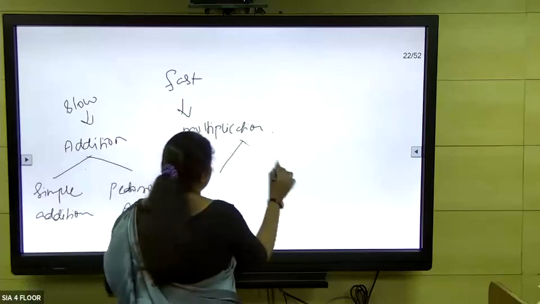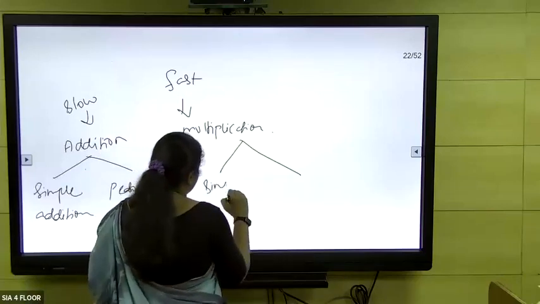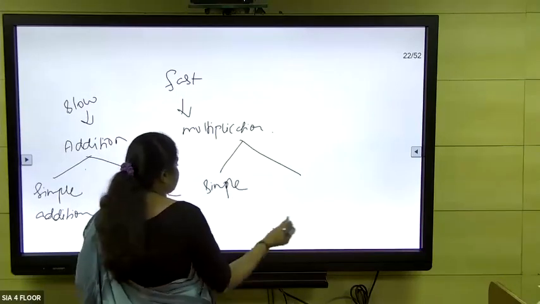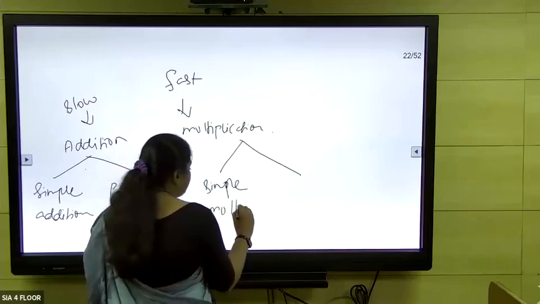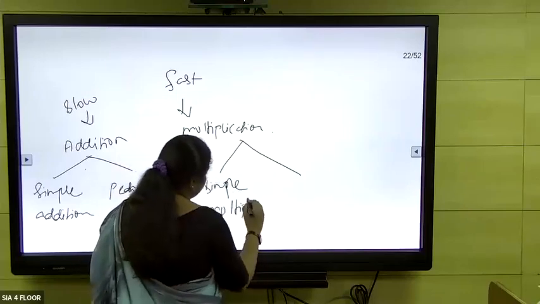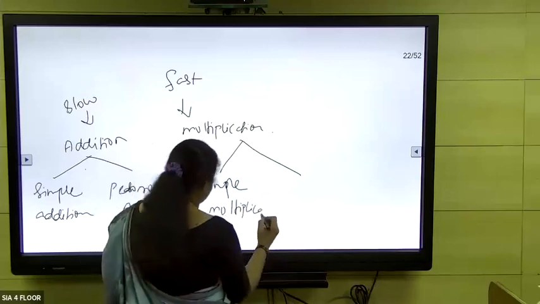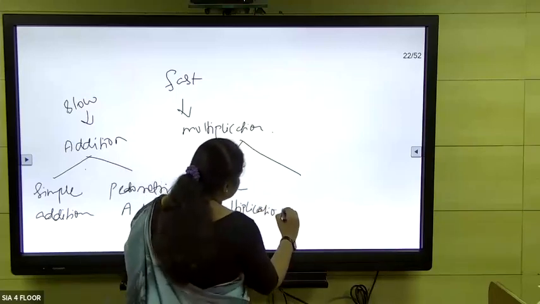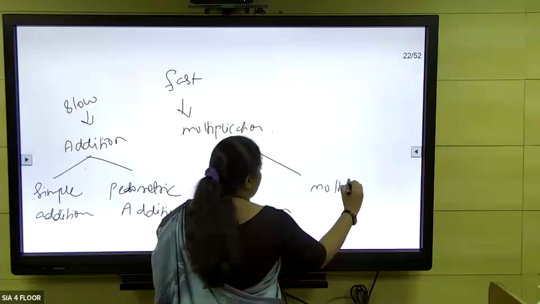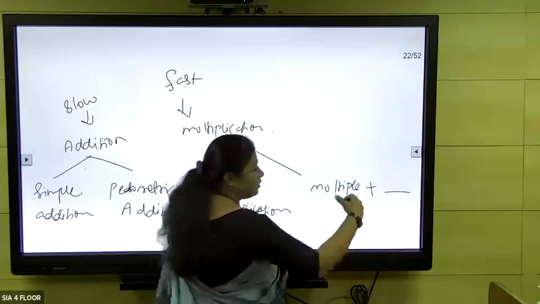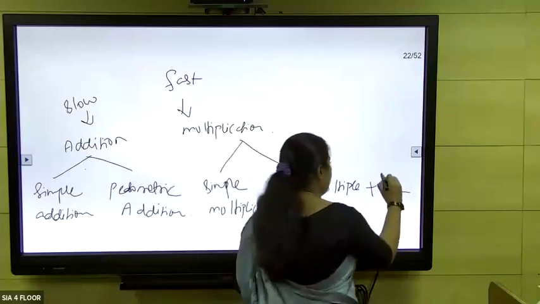Next is multiplication, which also has two ways. Sometimes it is simple multiplication. The other one is you multiply, and in addition to that, you go for one more operator.